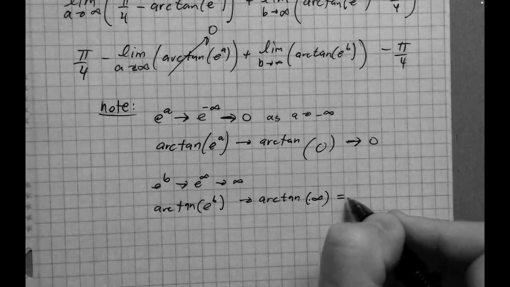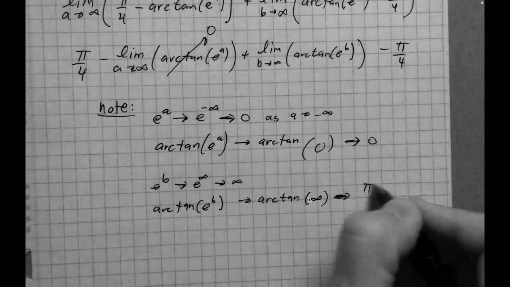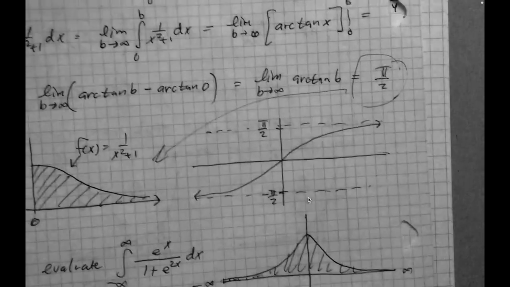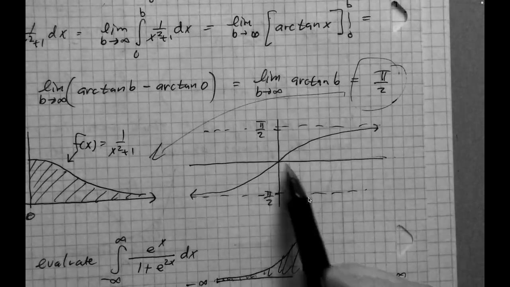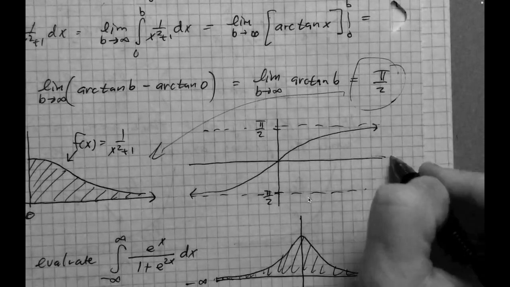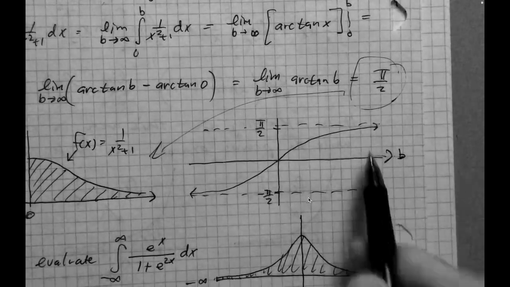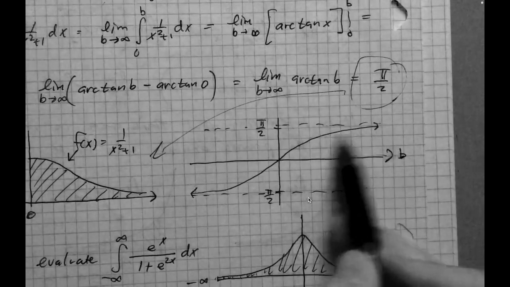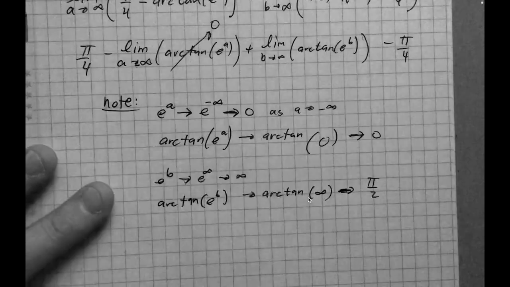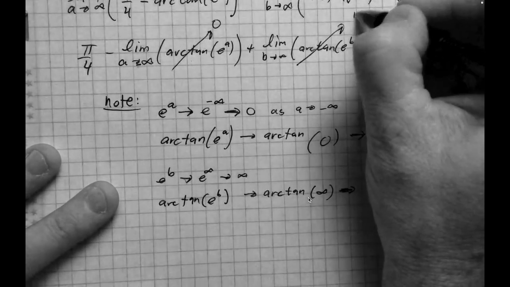And so we saw that this is going to go to pi over 2. We saw that on the previous page, right? Let's remember what that looks like. So here's arctan's function. As b grows without bound, the value of arctan gets closer and closer to pi over 2. So that's all we're saying here as well. So this is going to pi over 2.